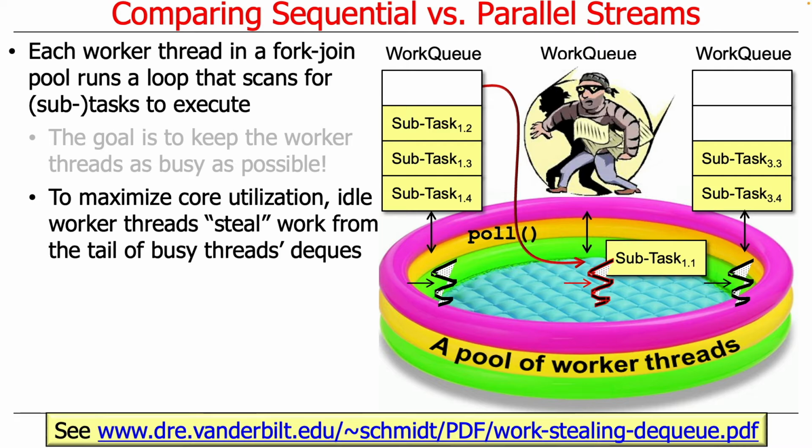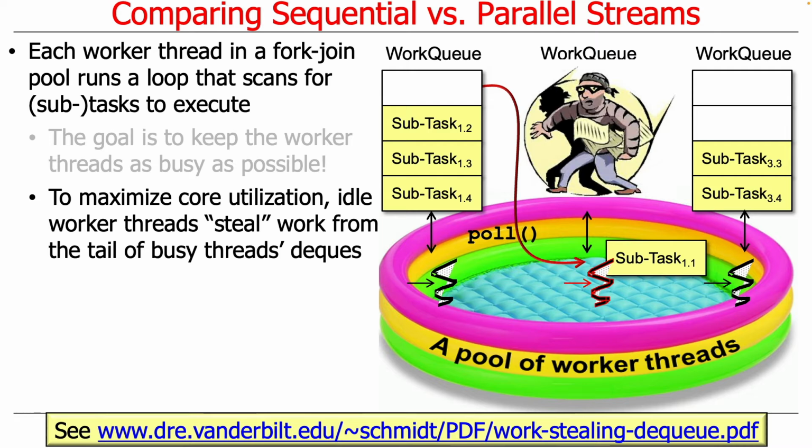A thread in the thread pool will keep checking its work queue to see what it needs to do next. As long as there's work in its work queue, it dequeues the work, or pops it off the top, and does something with it.